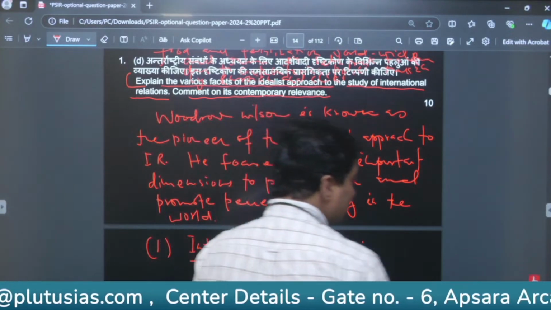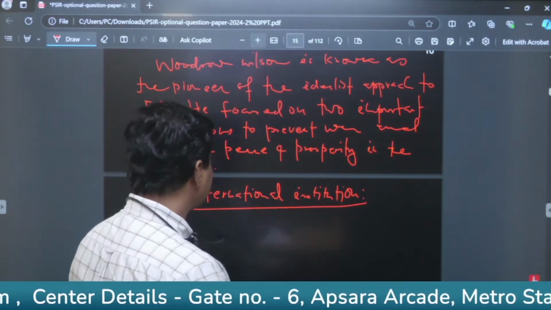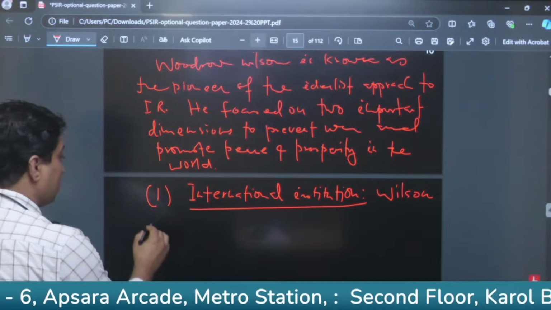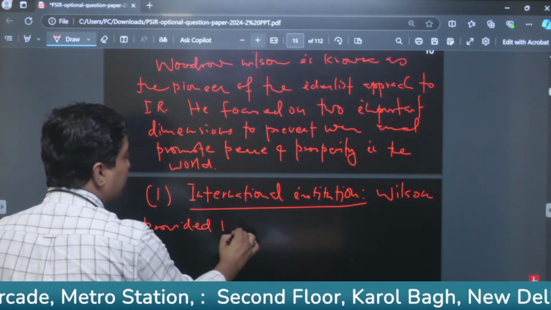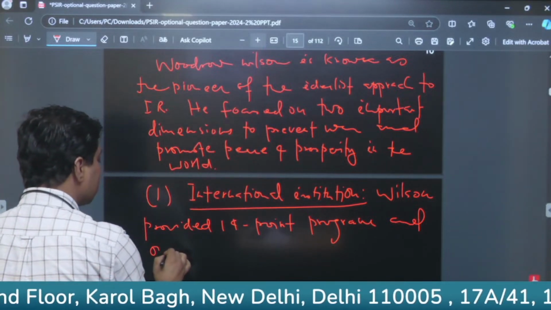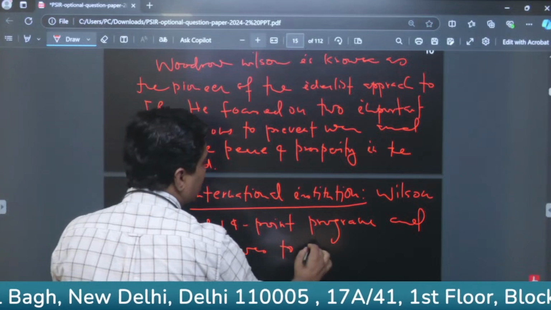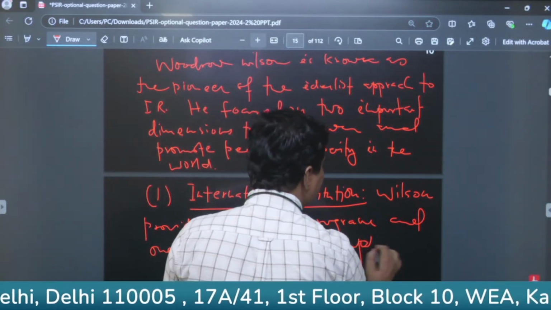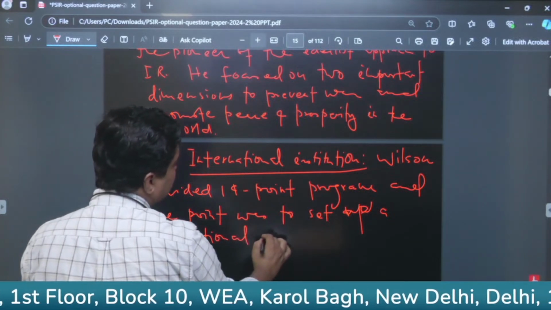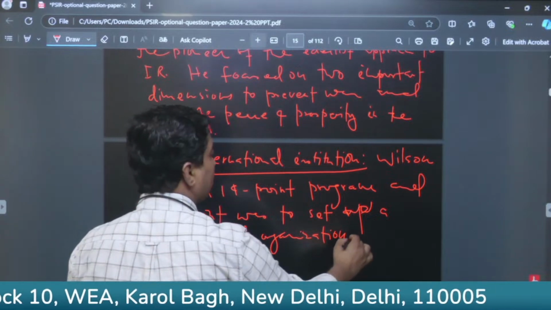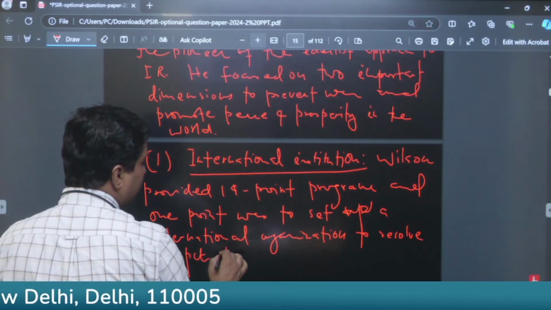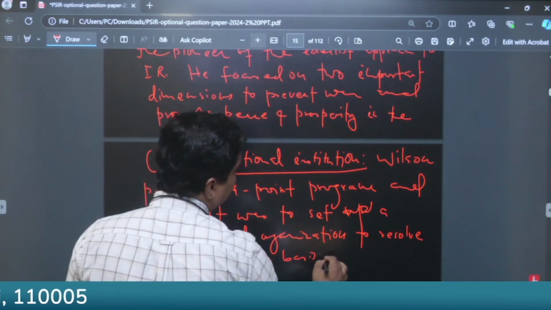Now through the international institutions, Wilson provided a 14-point program, and one point was to set up an international organization to resolve disputes on the basis of dialogue and debate.